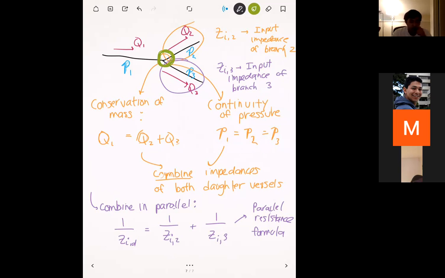And then one more leap of logic that will help us is that we say, wait a minute, if we can find the input impedance for both the daughter vessels at that green location, this is going to be exactly the same as the terminal impedance of the parent vessel.